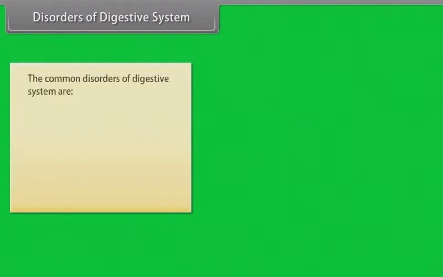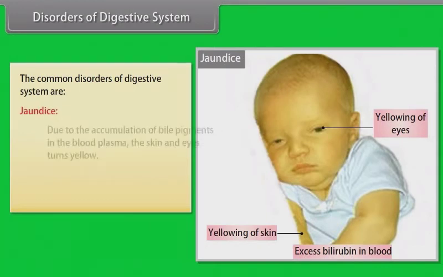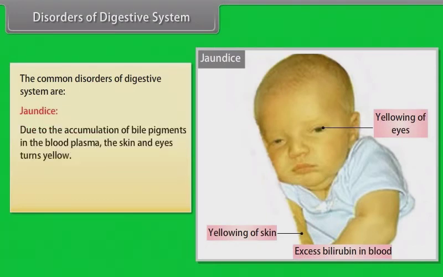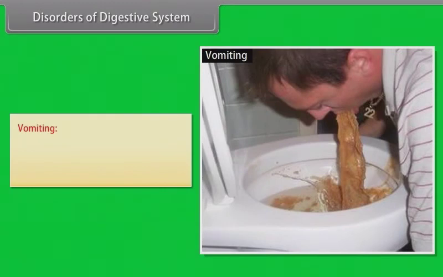Disorders of the digestive system. The common disorders of the digestive system are jaundice, due to the accumulation of bile pigments in the blood plasma, where the skin and eyes turn yellow. The bile pigment is produced by the liver due to the breakdown of red blood cells. Vomiting, the ejection of the contents of the stomach through the mouth.